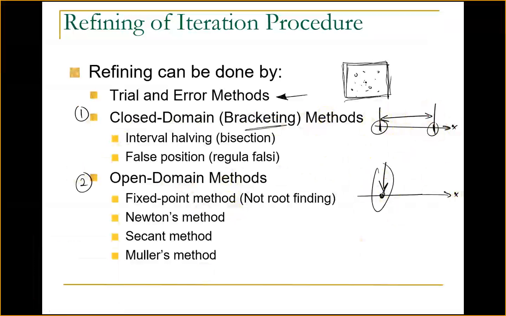Refining ends when the error is small enough to be satisfactory, and small enough is a subjective thing. It depends on the purpose of why you need the solution, right? What is small enough for one person may be different from what's small enough for somebody else. Alright?